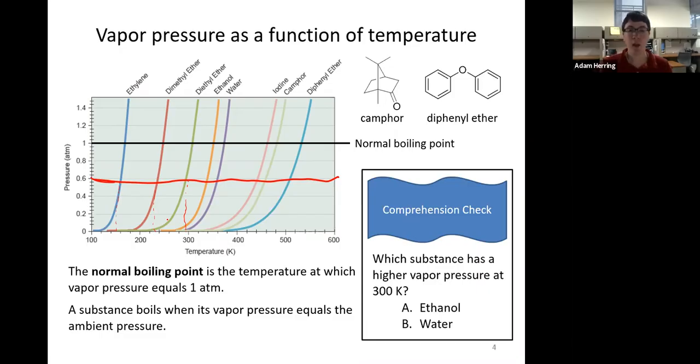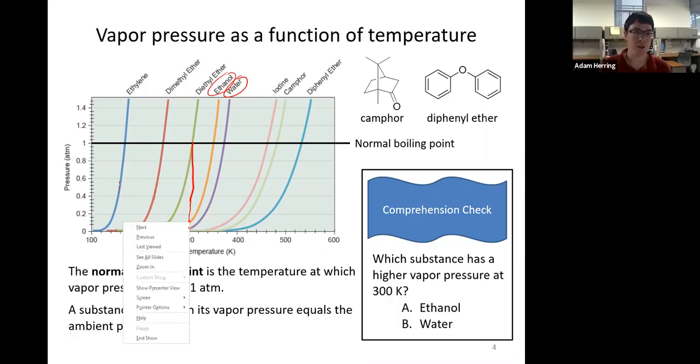Welcome back. So to evaluate this, you can look at these data points on the graph. If we're talking about 300 degrees Kelvin, that is this vertical line. And if we're talking about ethanol versus water, we can compare the pressure of each substance at that temperature.